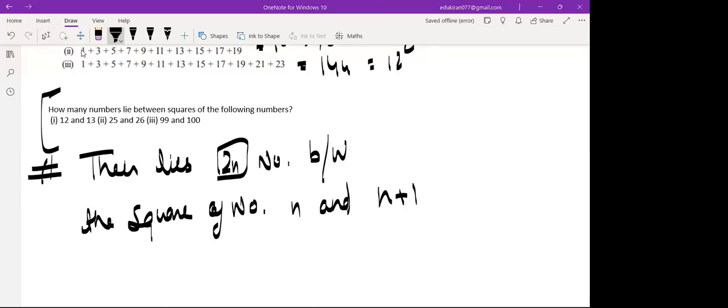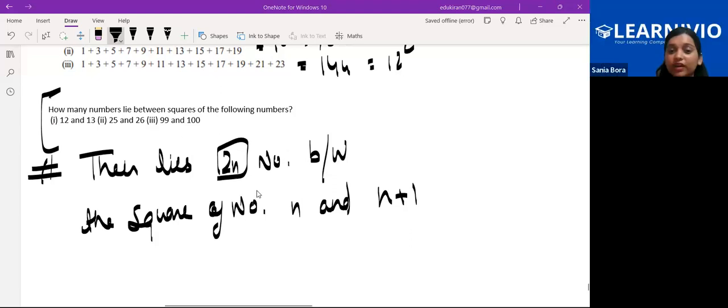Ma'am, what is B/W? This? B/W is between. Okay. There lie 2n numbers between the squares of only the numbers n and n plus 1.